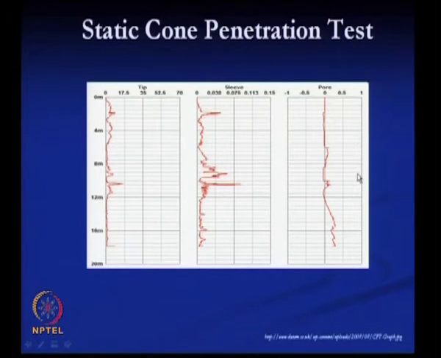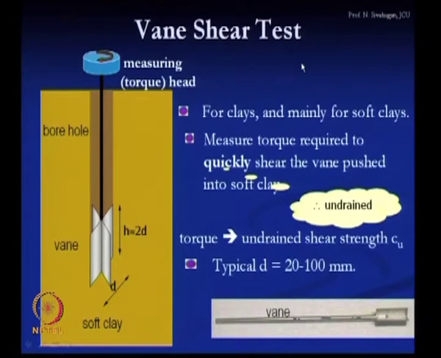These are the different graphs. Now, another important test, mainly for soft clay, to determine the in situ properties of the soil is the vane shear test. Here the vane is inserted in the borehole and we can apply a torque at the desired depth, and we measure the torque required to quickly shear the vane pushed into the subsoil.